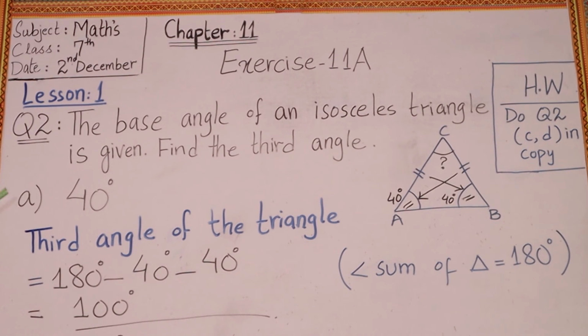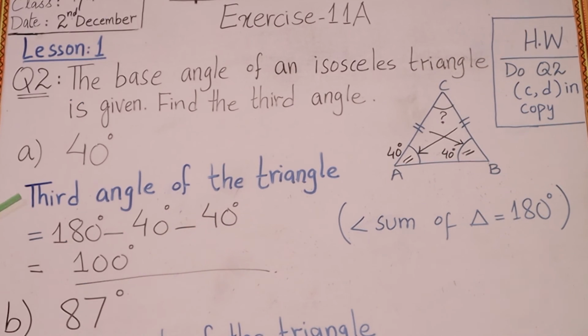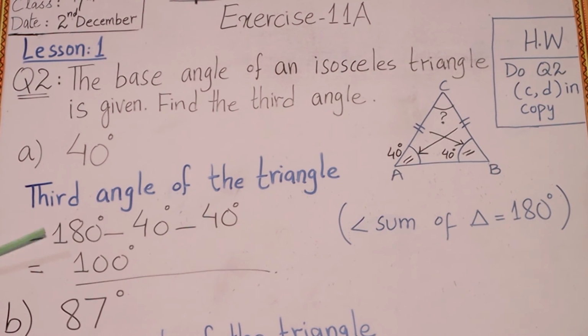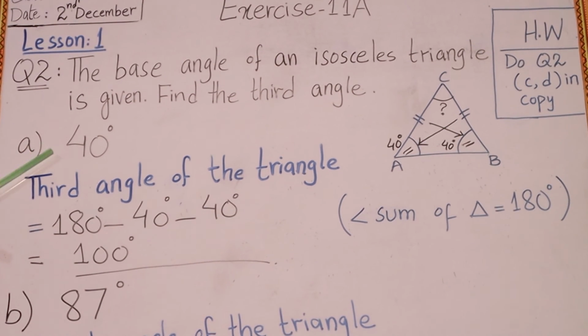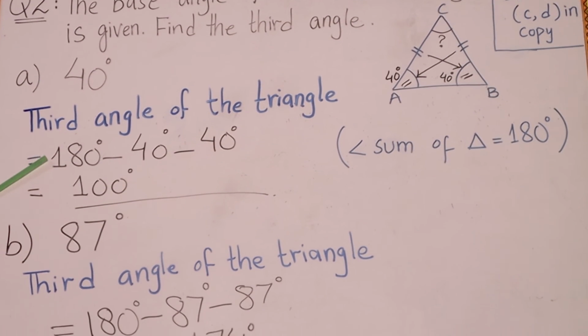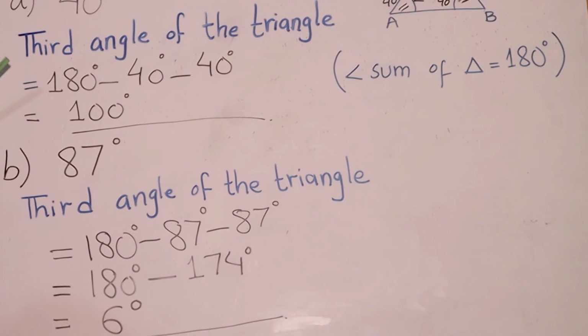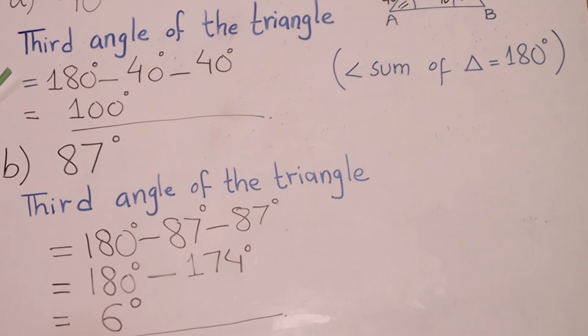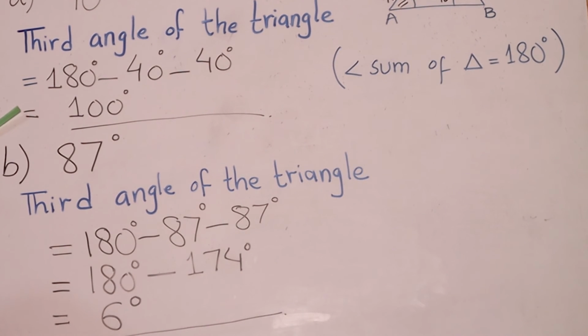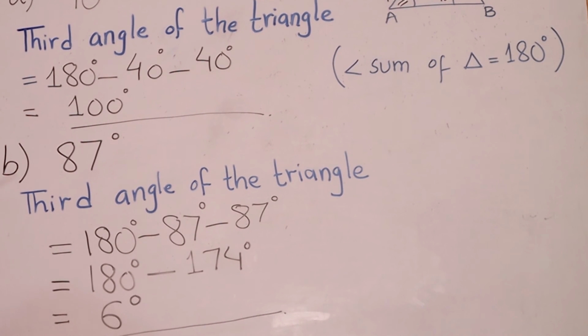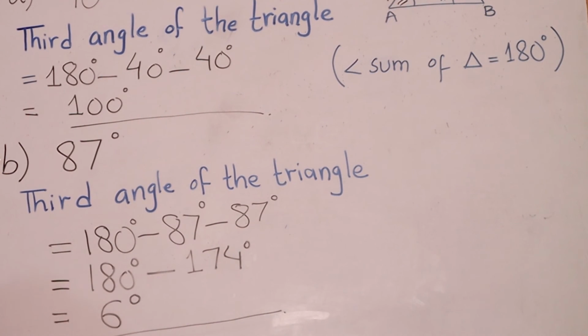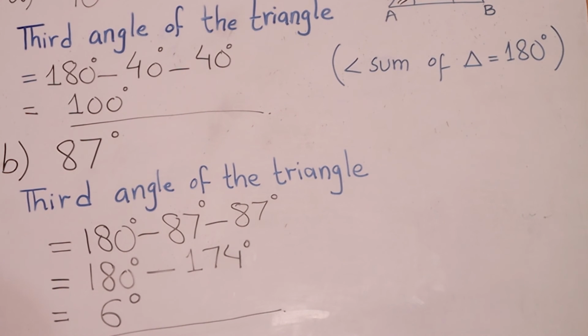So, part A, the 40-degree angle is given, which is the base angle. It means we have two same angles. So, for finding the third angle, we subtract the base angles from 180 degrees. In the case of 40 degrees, when we subtract 40 and 40 from 180 degrees, we get 100 degrees. Similarly, in part B, 87 degrees is given.